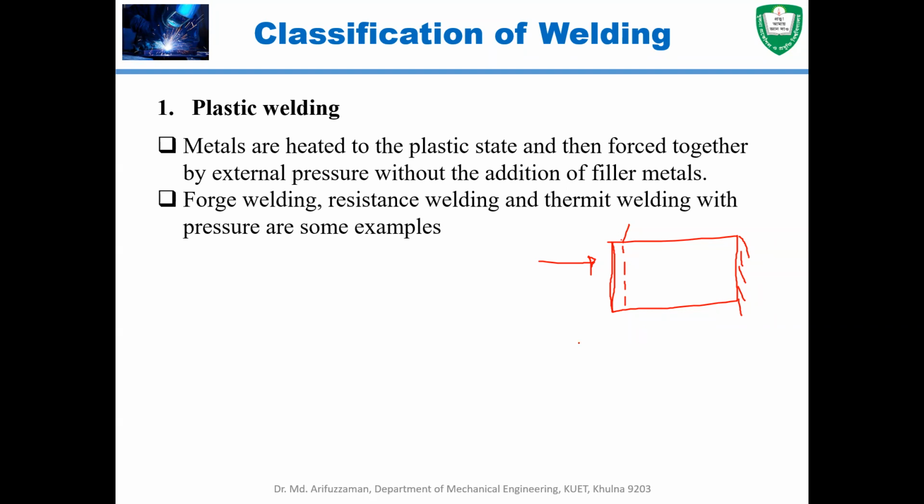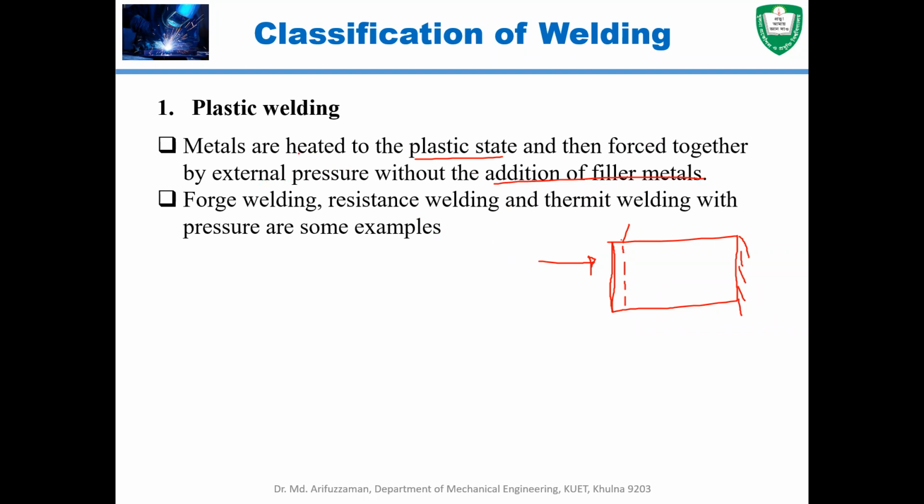Yes, sir. Okay. So this is plastic welding. In plastic welding, the material has to be taken into the plastic state. If you apply a force, it deforms, and the deformation is permanent. Two metals can be forced together to join, without the addition of filler metals.